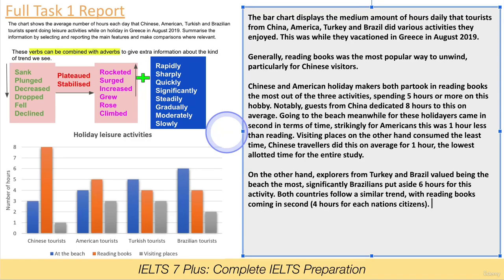And then we have visiting places. As with every visitor researched, visiting places consumed the least time, the least hours.